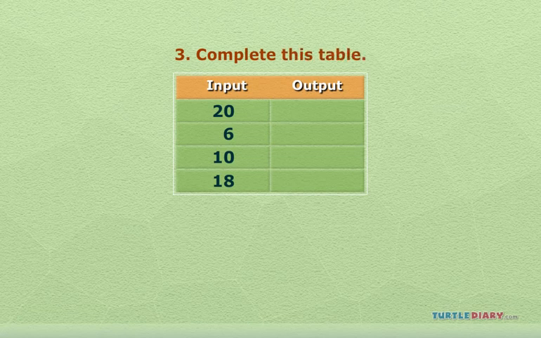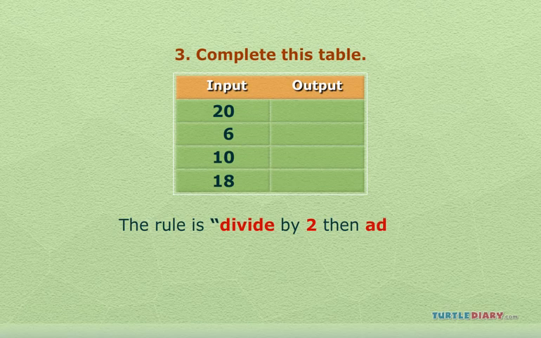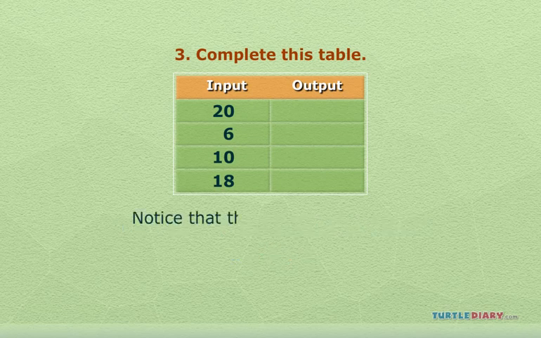Complete this table. The rule is divide by 2, then add 1, or written as a variable, x divided by 2 plus 1. In this case, we're told the rule and have to fill in the table. Notice that the rule has 2 steps.